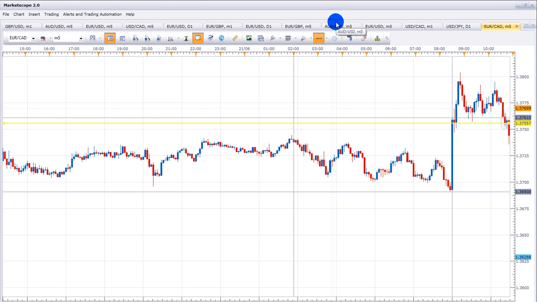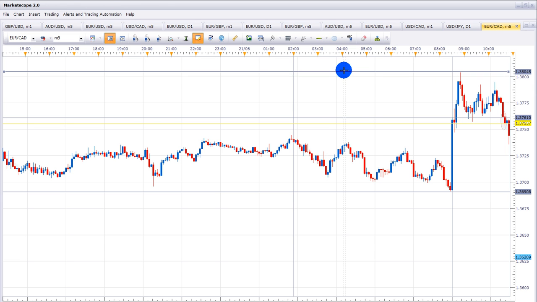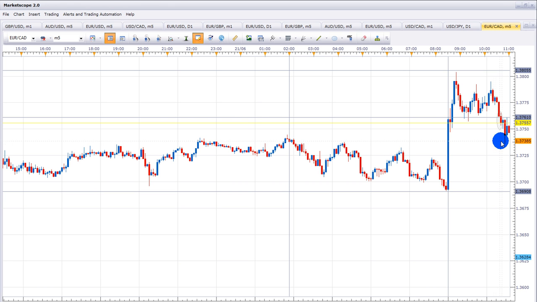Where would you put a stop loss? You could base it on the average true range, or you could base it above these particular highs. Either would be fine, but when we get this particular trade, we are at about 11 o'clock.